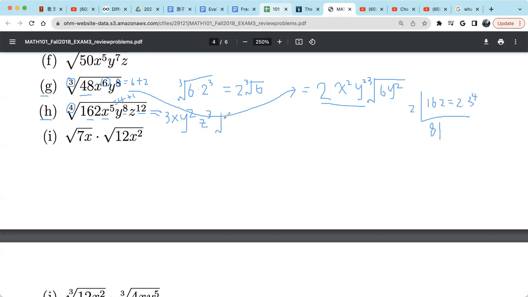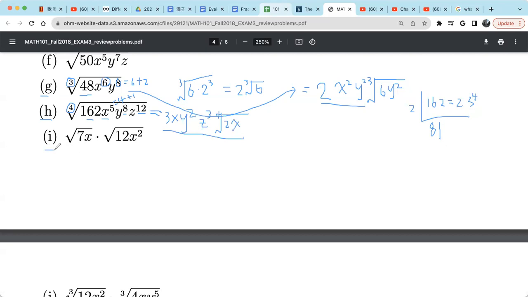What's left inside? For the number, we still have 2 left under the fourth root. The index is 4, fourth root, and with x. So this is the answer for H: 3xy squared z cubed with the fourth root of 2x.